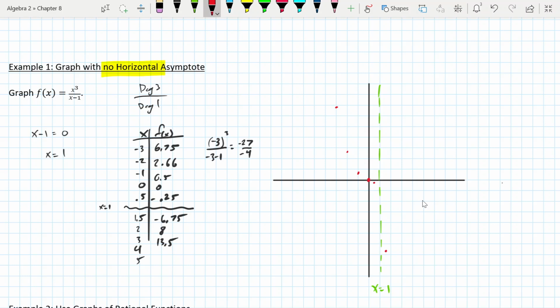Here we've got +8 for 2. That goes way up there. 3 was 13.5.